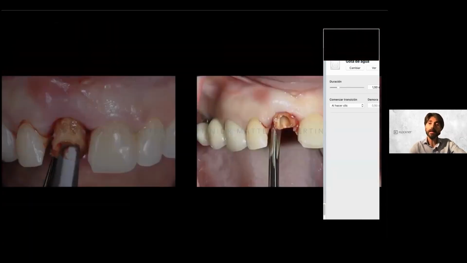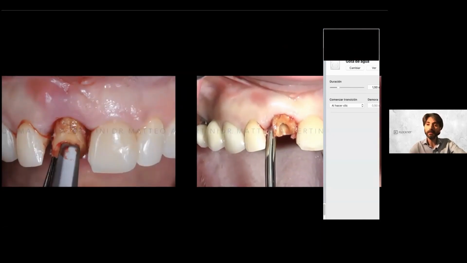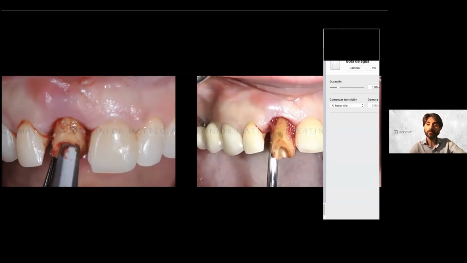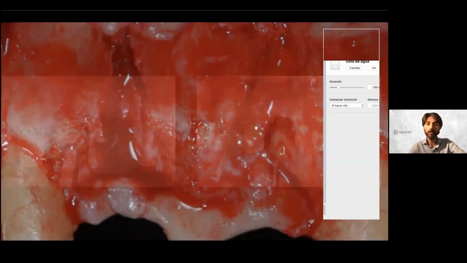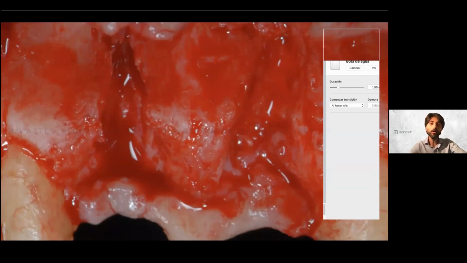But in many cases, like in this case, we have a different situation in which we don't have buccal bone, and we have large dehiscences. When we have large dehiscences, we're going to have a big shrinkage of the bone and soft tissues in this area. So we have to rebuild these tissues.